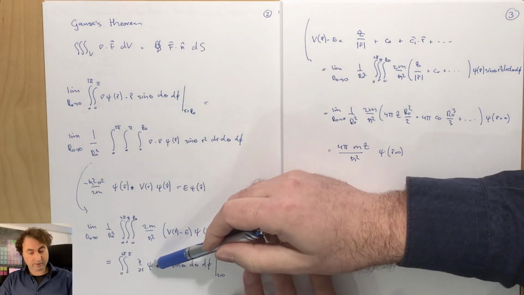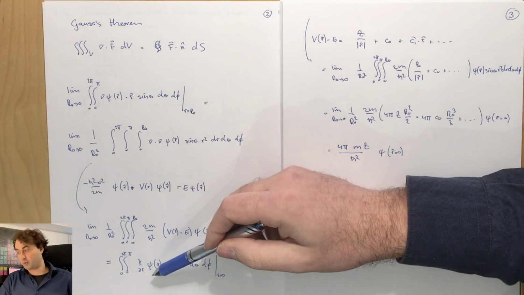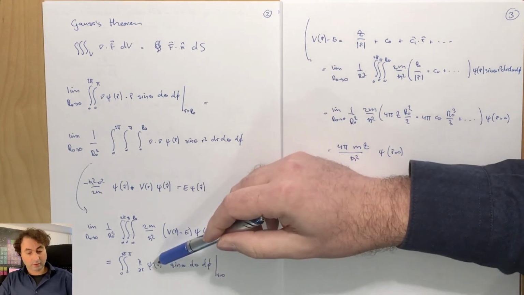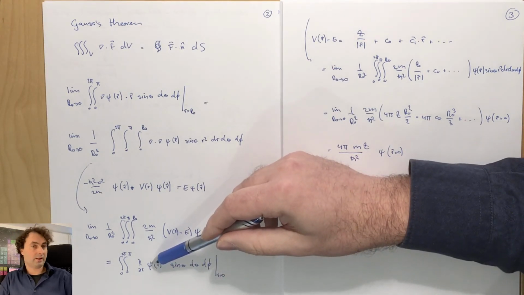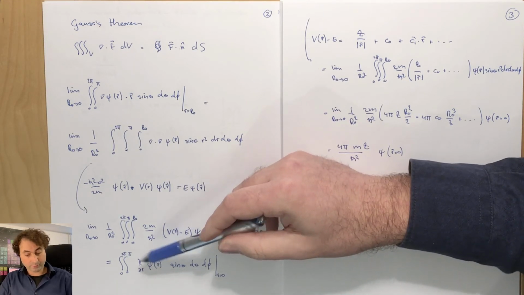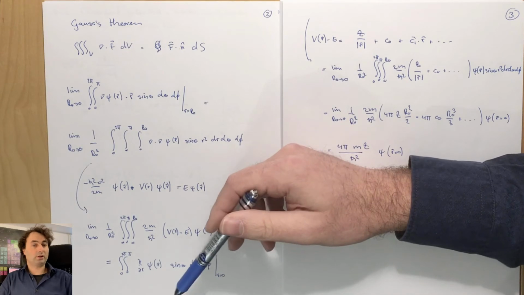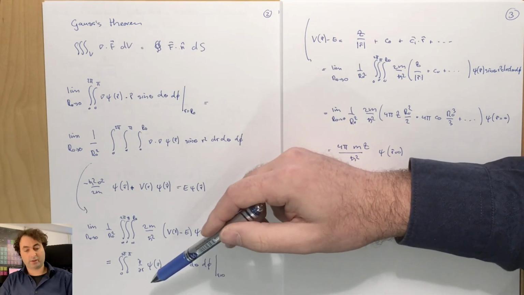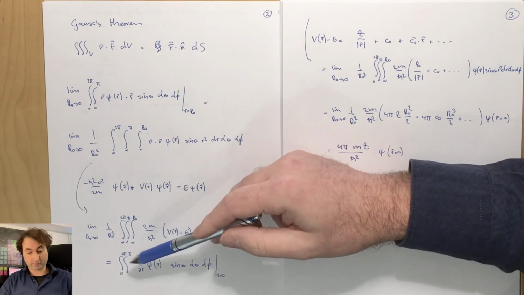Also note that if our wave function lives on spherical coordinates, then we can write this as spherical harmonics times a radial wave function. And the integral over a spherical harmonic is 0 unless the wave function has 0 angular momentum.